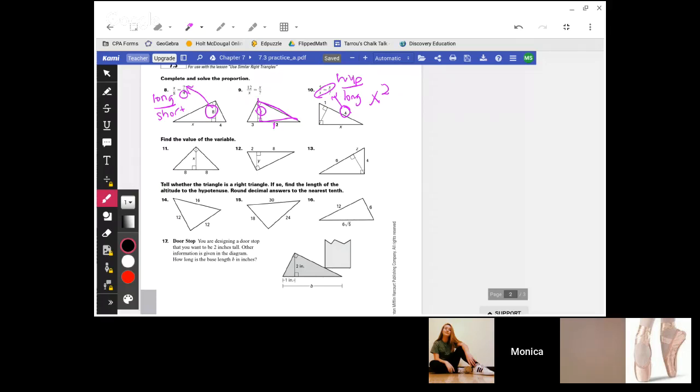So for that, you've got long over short, right? So x, let me erase them so we can see. So x in the other triangle as a long side, is that the long side of the big triangle or the small triangle?